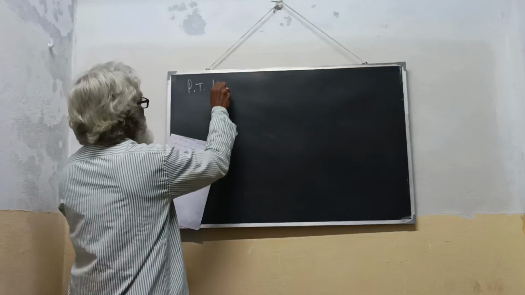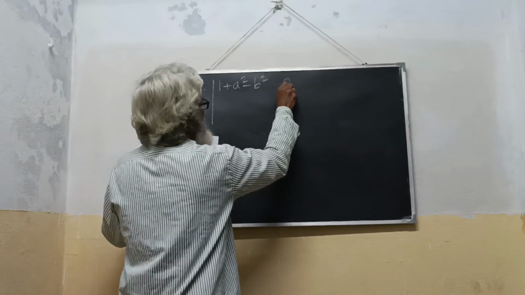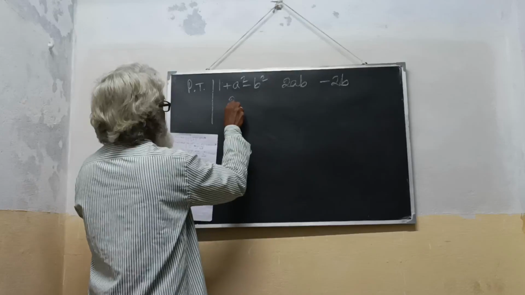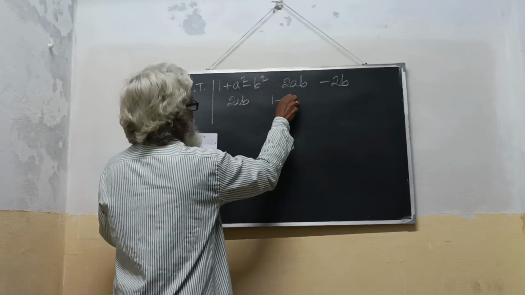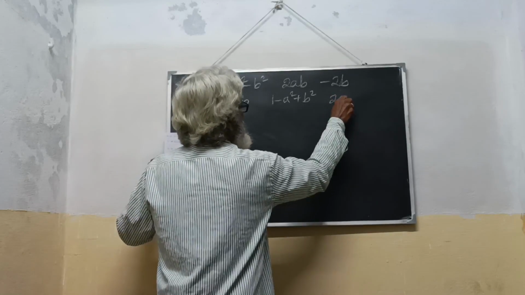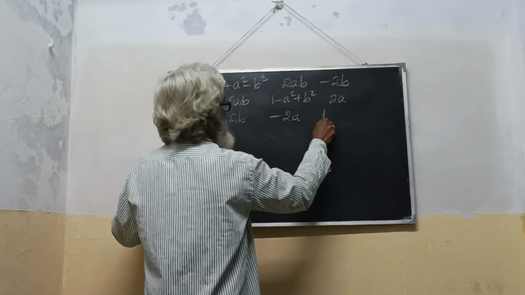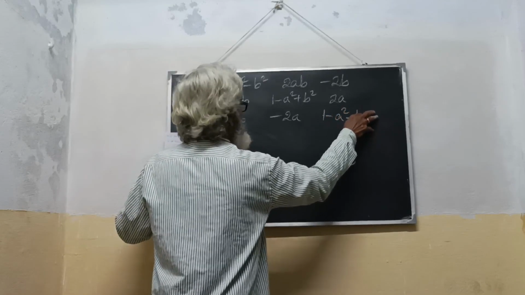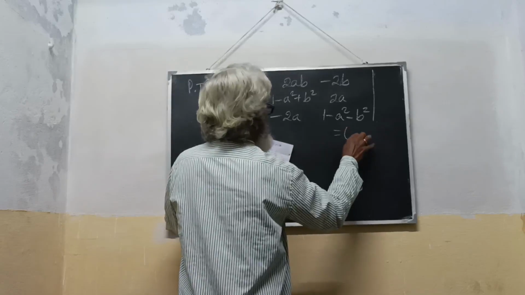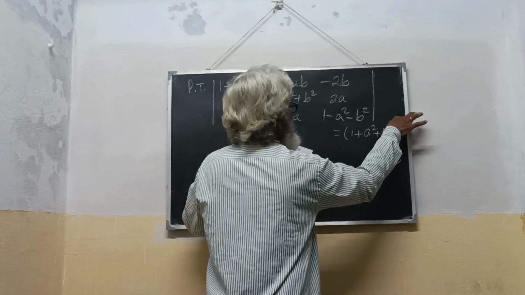Prove that 1 plus a square minus b square, twice ab, minus 2b, twice ab, 1 minus a square plus b square, twice a, twice b, minus twice a, 1 minus a square minus b square equal to 1 plus a square plus b square whole cube.